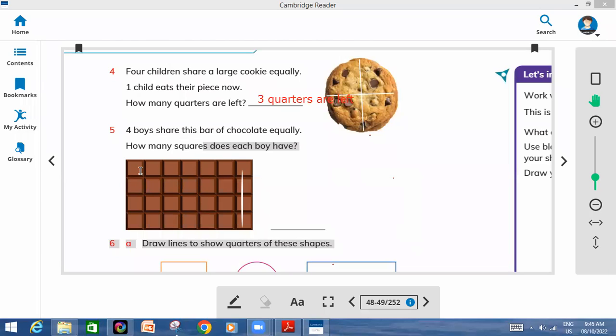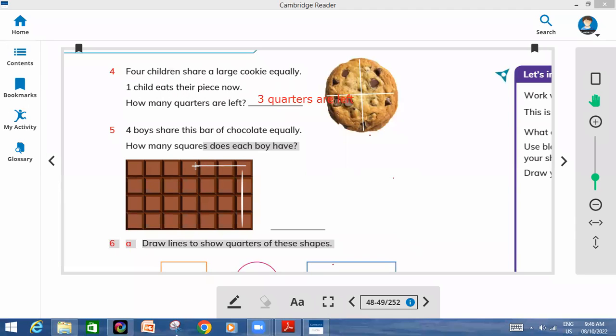So we have 1, 2, 3, up to 28. So let's make it first half of the chocolate. Here.